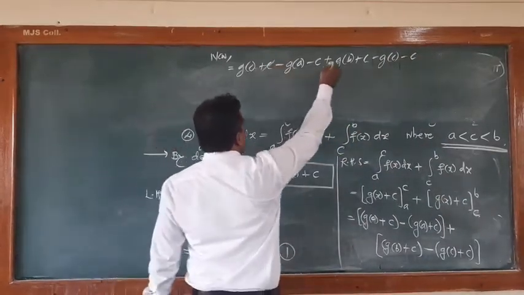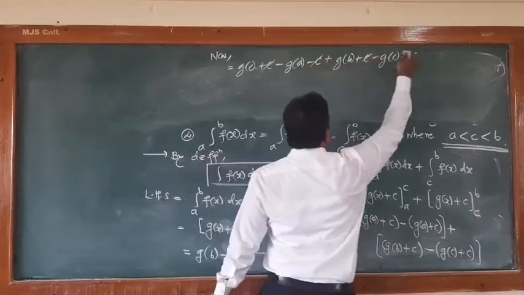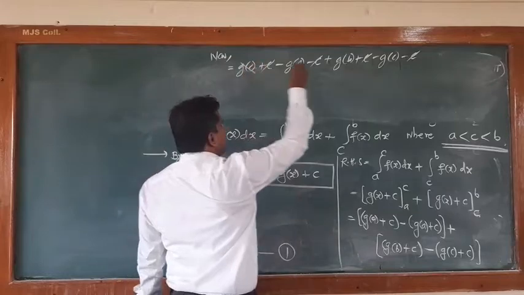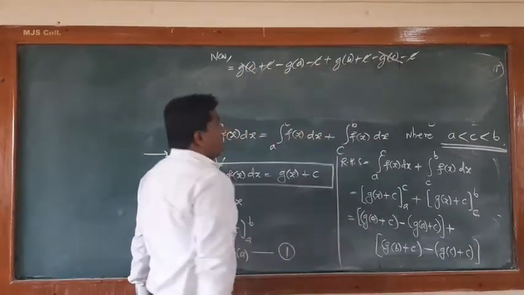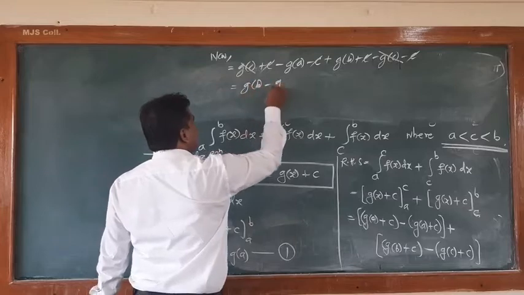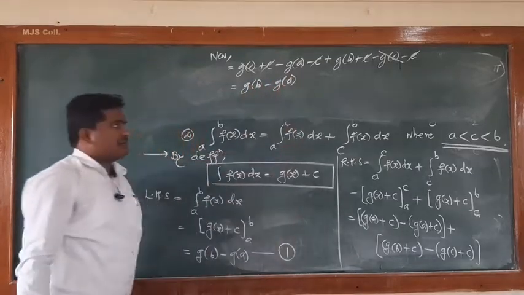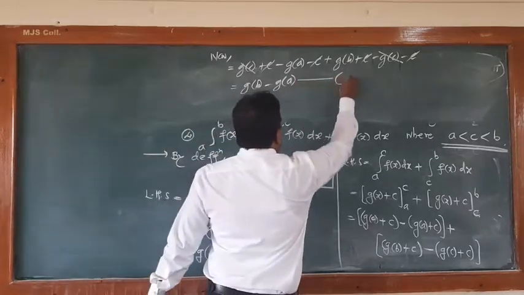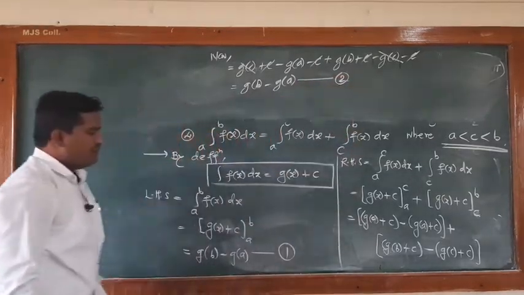This c is cancelled with this c. Lastly, g of c is also cancelled with g of c. And finally, we get g of b minus g of a, which is equation number 2.